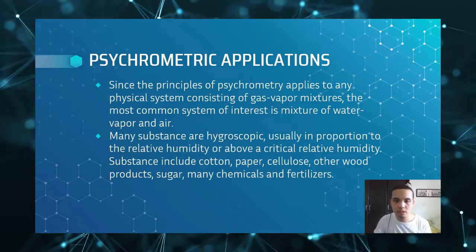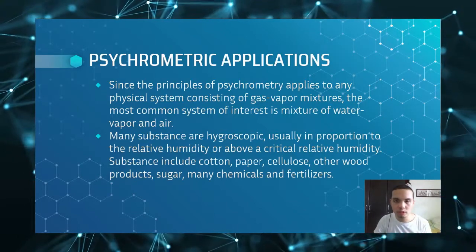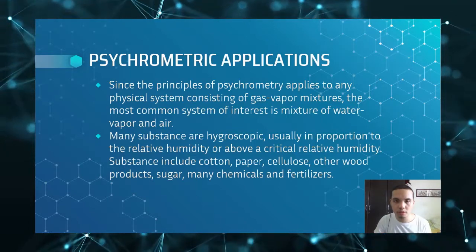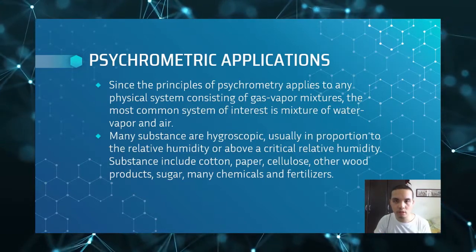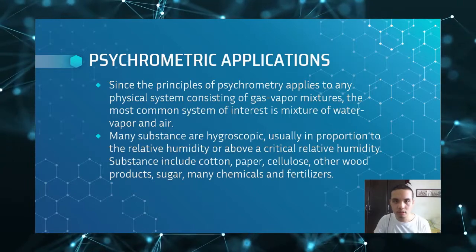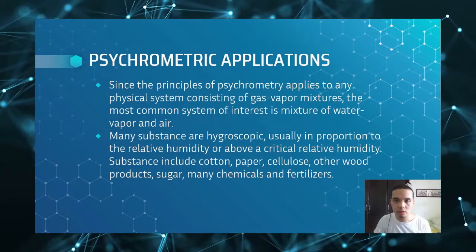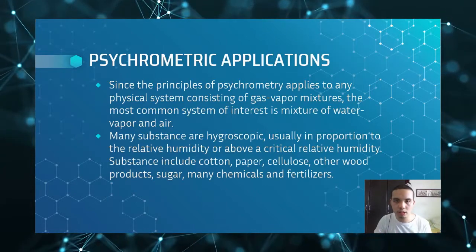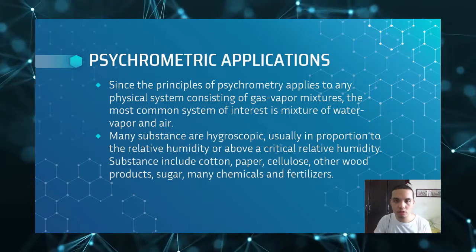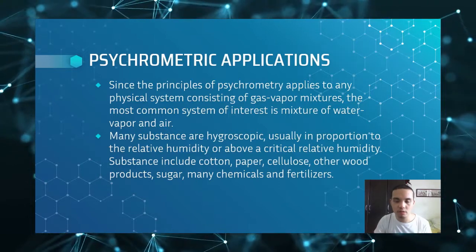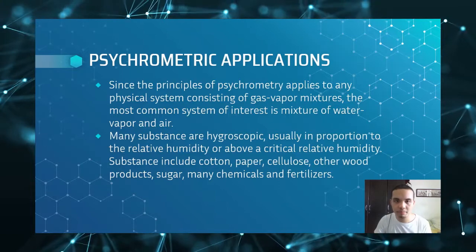Many substances are hygroscopic, usually in proportion to the relative humidity or above a critical relative humidity. Substances include cotton, paper, cellulose, other wood products, sugar, many chemicals, and fertilizers.